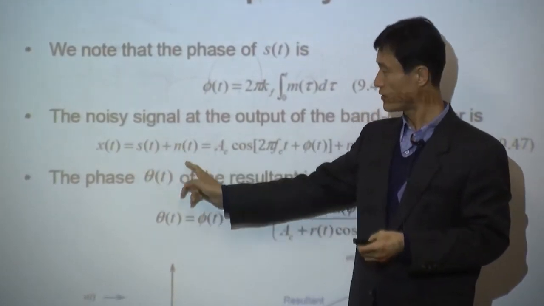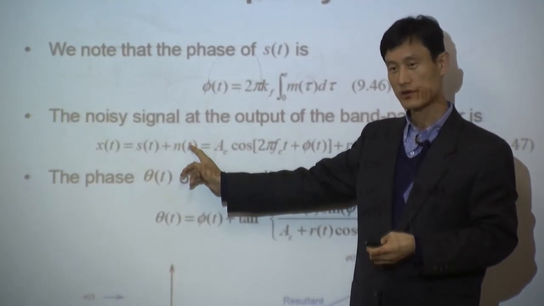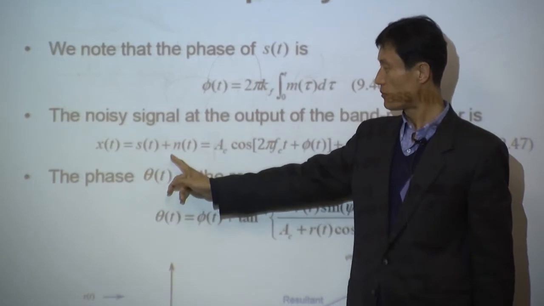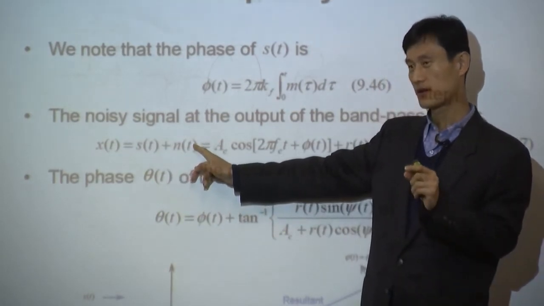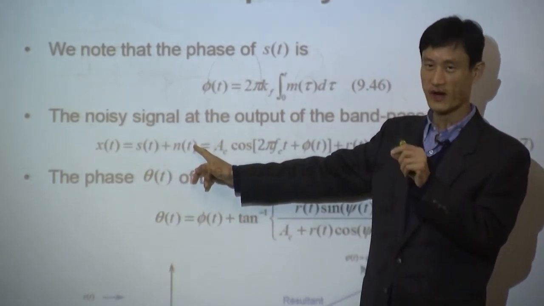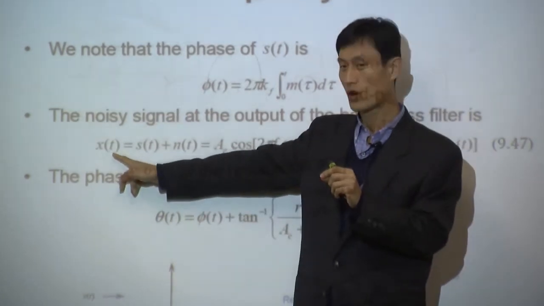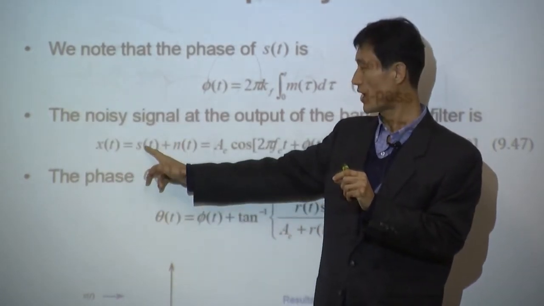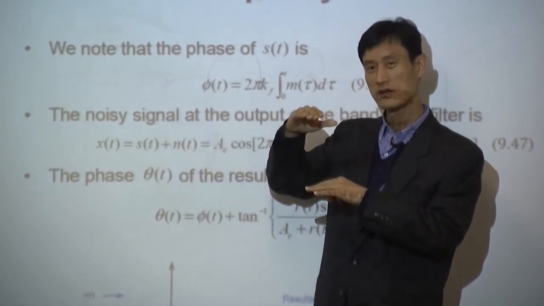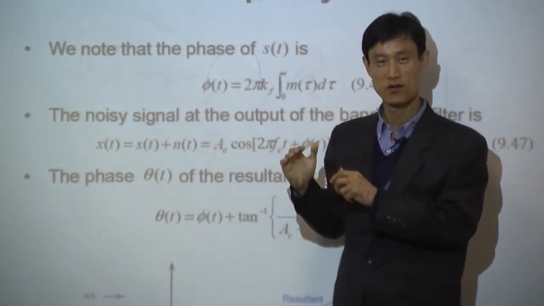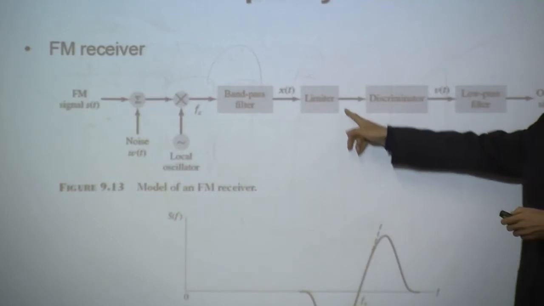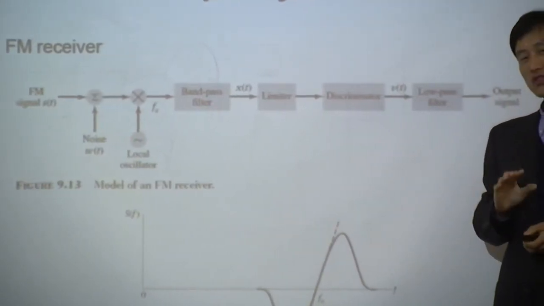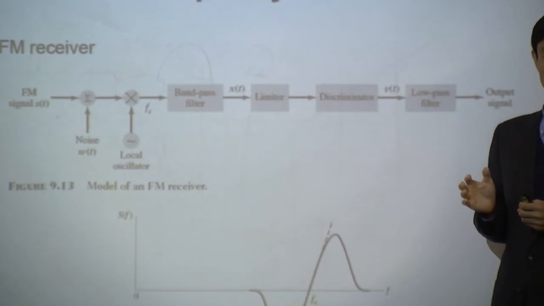Again, the noise has some amplitude. So you transmit, let's say, 1, but the noise is, let's say, 0.5, then eventually you're going to get 1.5. Because of the noise, your amplitude now changes, but we don't care. Why? Because we're going to cut it anyway. So the amplitude change doesn't matter for us.